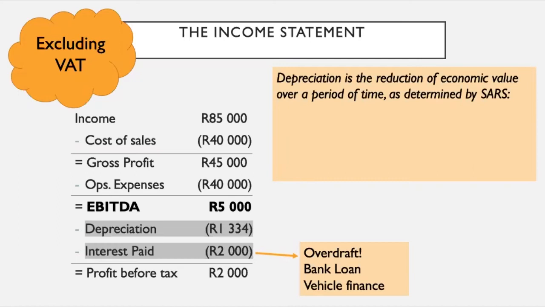So an asset that depreciates means it's an asset that will be in the business for more than one accounting period. So we're going to use that asset for a year or more, at least. It has a value to the business, and we're not buying that asset for resale.